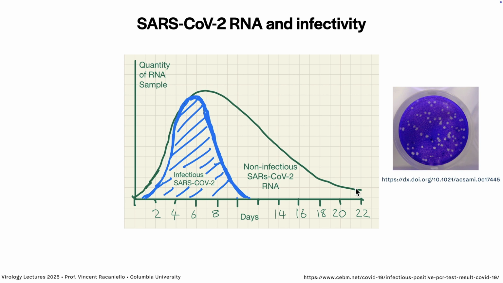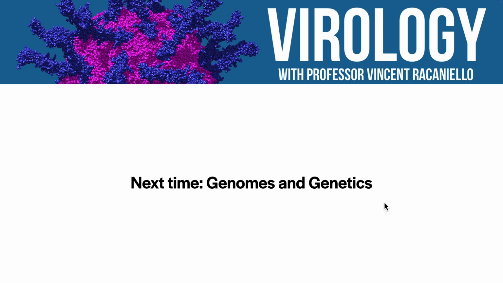As you know, the rapid antigen tests were subsequently developed, which look for protein. And there's a little better congruence with infectivity when you look at protein. It's not perfect, and this is something we need to deal with in future pandemics. All right, that's an overview of what goes on in the infectious cycle and how we measure it. Next time, we're going to talk about the genomes of different viruses and how we can manipulate them to study them.